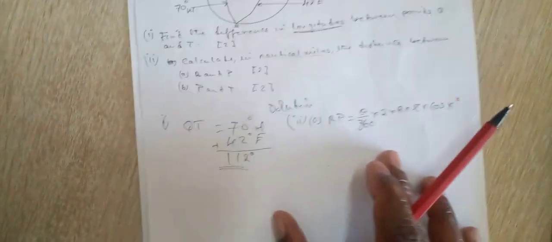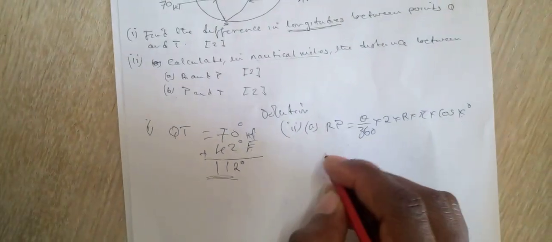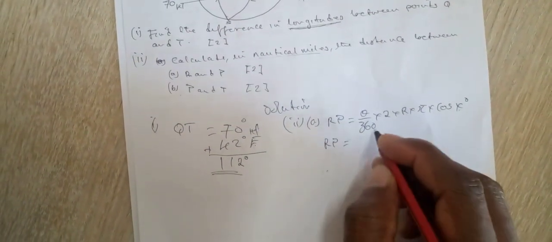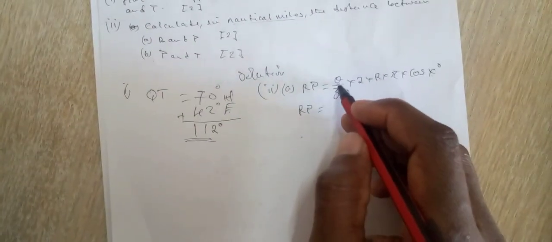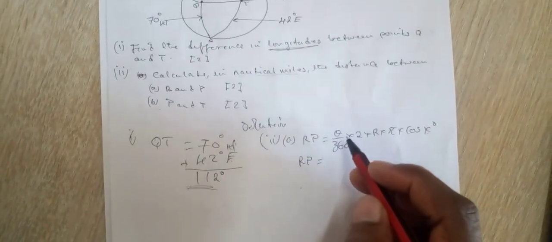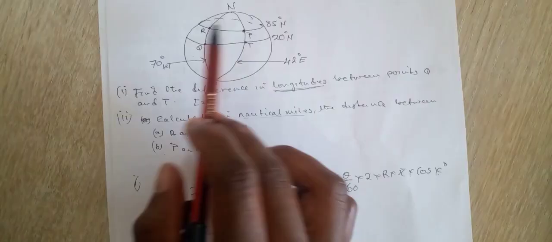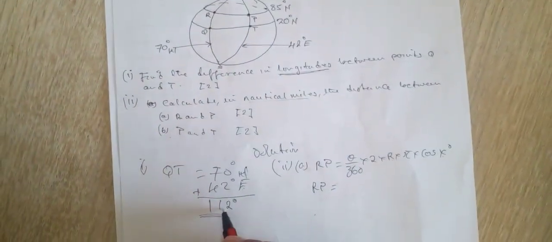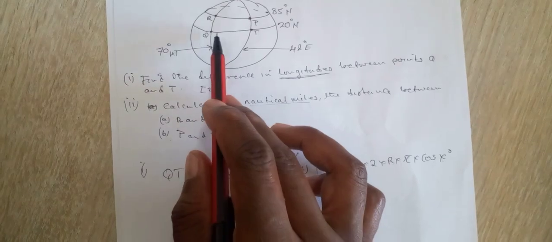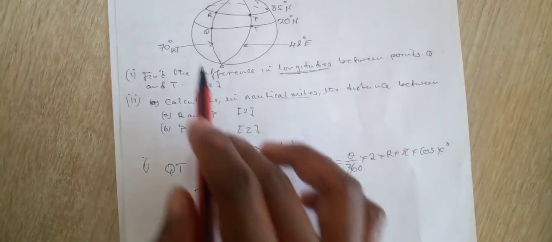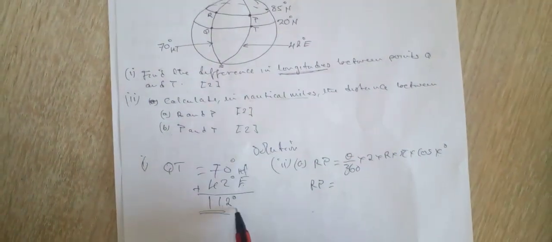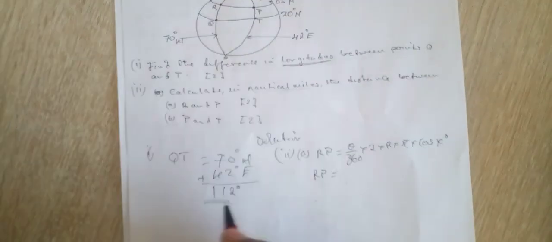So now let's calculate this part. We are going to say RP is going to be, what is my theta? To find theta, you just have to know the difference between the longitude of RP. What is the difference in their longitude? The difference we already found, which is the same one as QT. The difference of QT is the difference of RP, which is 112.